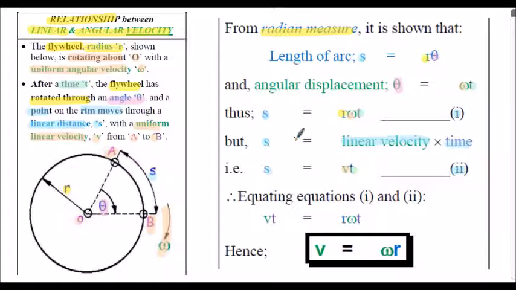If we now equate equations 1 and 2, we form this equation: vt is equal to r omega t. And noting that the t cancels on both sides of the equation, we're left with the equation v is equal to omega r. And as I say, that's now a very useful equation because it relates linear velocity v to angular velocity omega.